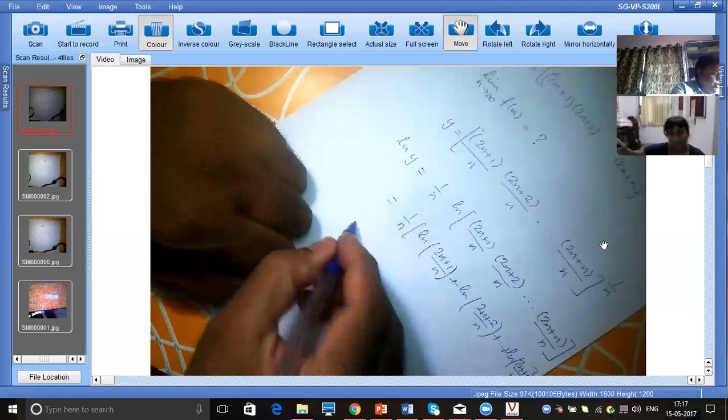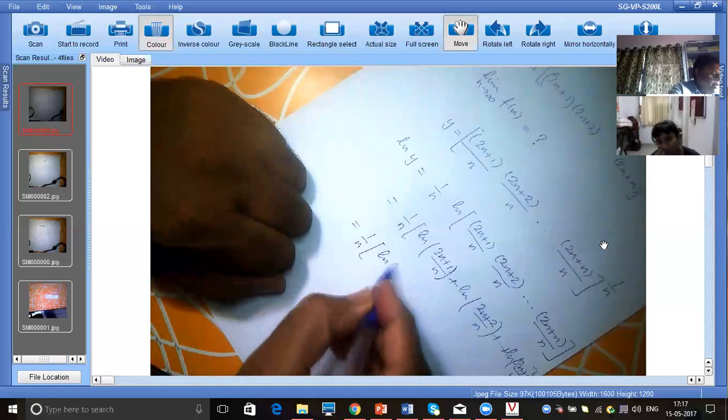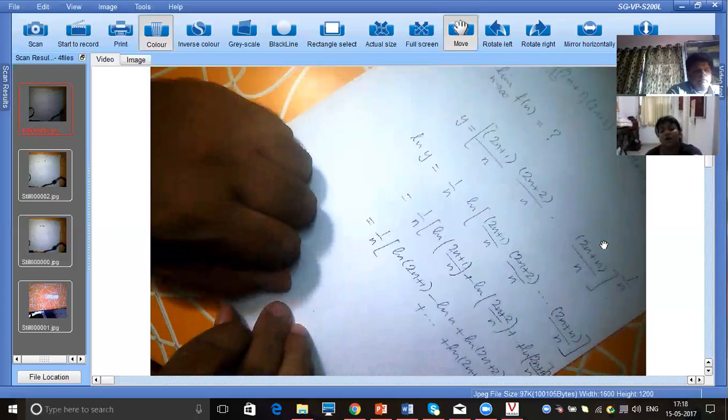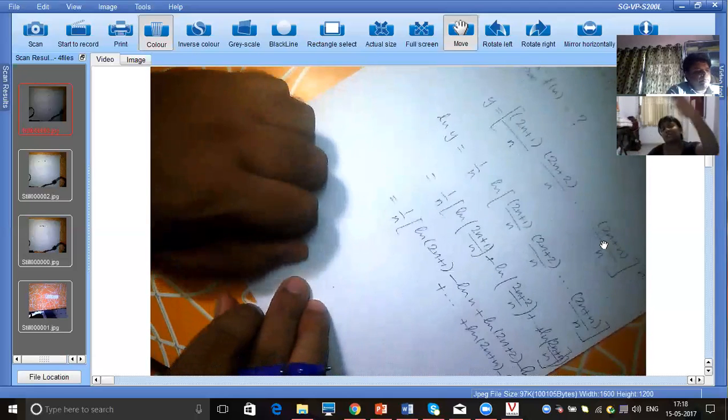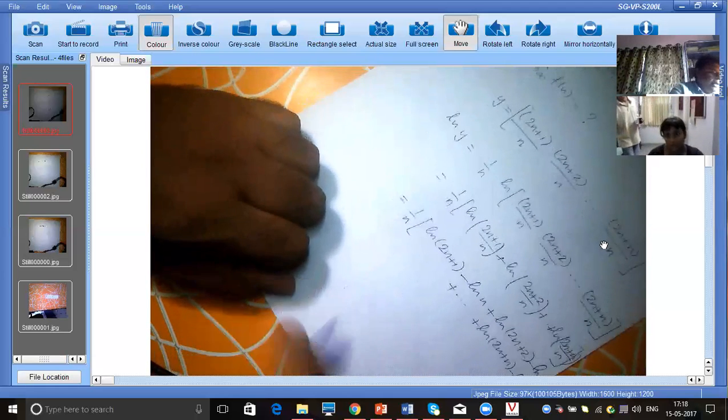All right, very good. Like your approach so far. So log of 2n plus 1 minus log n, plus log of 2n plus 2 minus log n, and so on, then you get log of 2n plus n minus log n. And you can see that log n is appearing n times. So n log n.